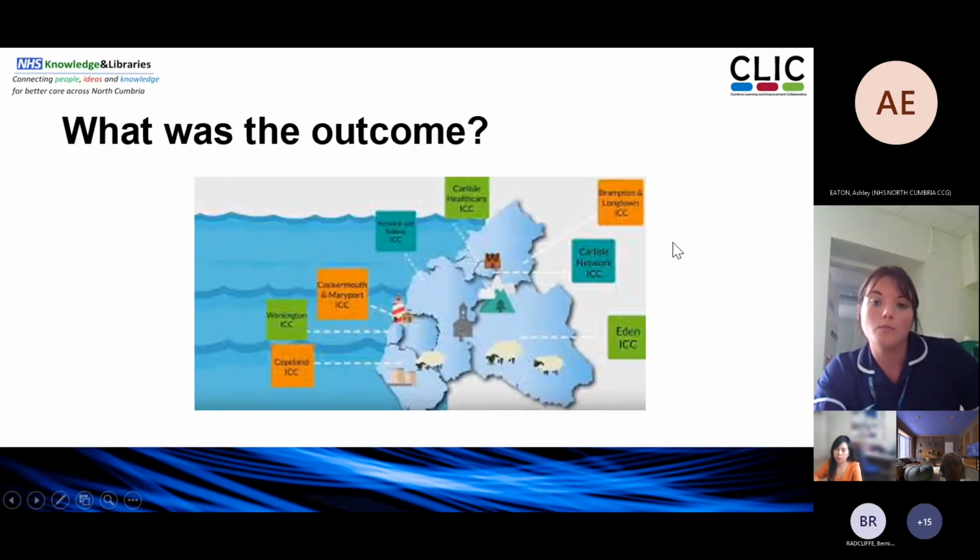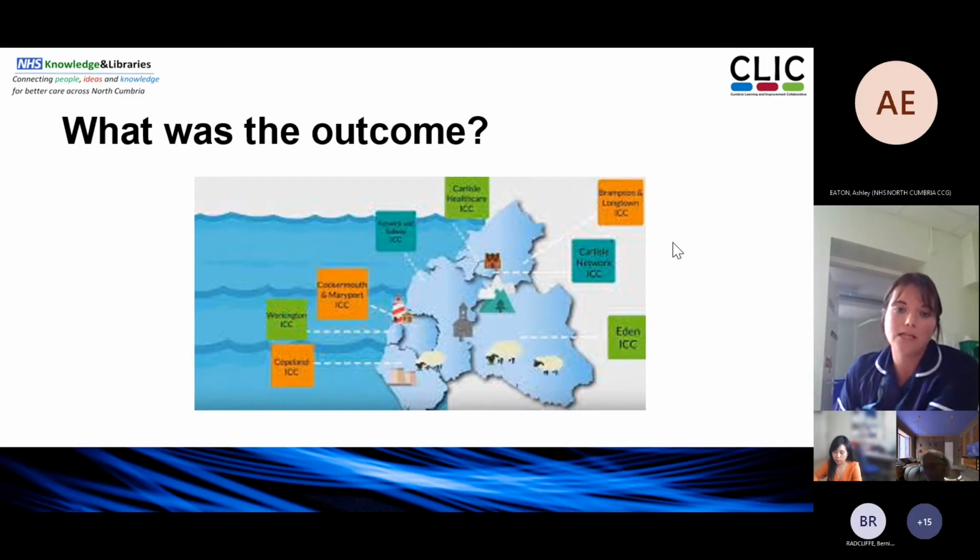So what was the outcome of implementing this system? Right now, all of our 8 ICCs are live with eCommunity. We have a couple of areas that are still working through a couple of problems and overcoming some issues, but we have actions and outcomes in place that are allowing us to work through this. Already we've seen the impact this system has on all 8 ICCs.